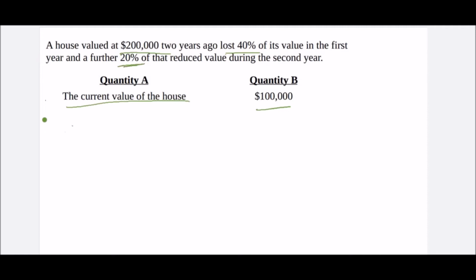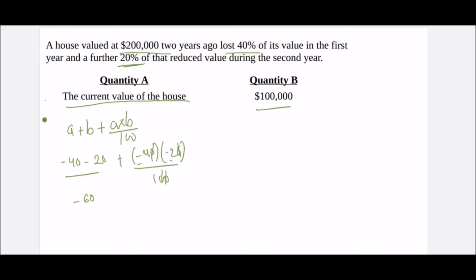So we will use the previous formula, A plus B plus A into B divided by 100. So A is minus 40% to find the total change, and B is minus 20%. Minus 40 minus 20 plus minus 40 into minus 20 divided by 100. The zeros cancel out, this becomes minus 60, and here minus minus becomes positive, so it will be plus 8, so minus 52%.